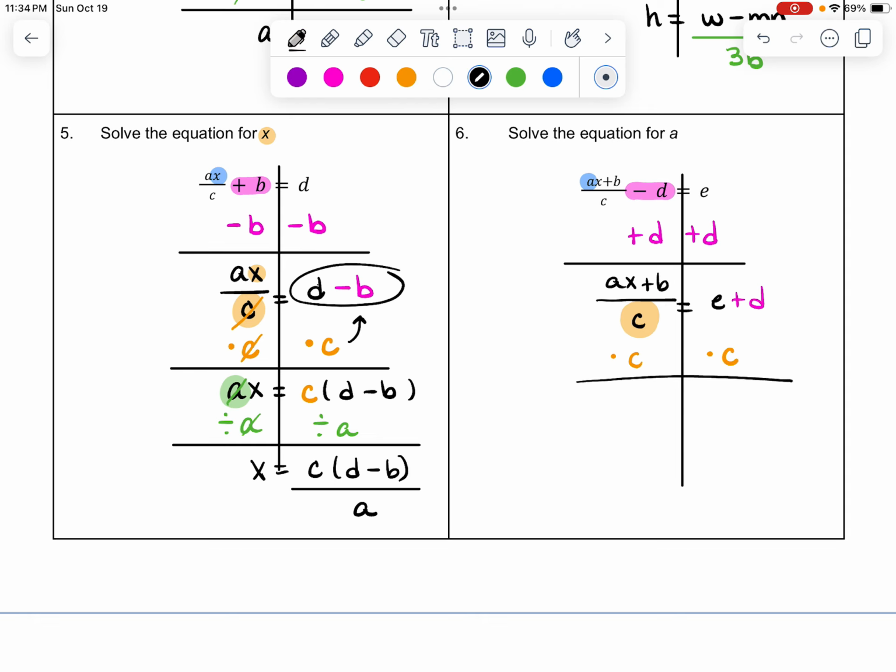Now remember, in order to show that we're multiplying this whole thing by C, when we write this down, we're going to have AX plus B equals, and then we're going to put that inside of parentheses. So parentheses E plus D, that's the part that I circled, with the C, the part I'm multiplying by, on the outside. Then again, we're trying to get A by itself.